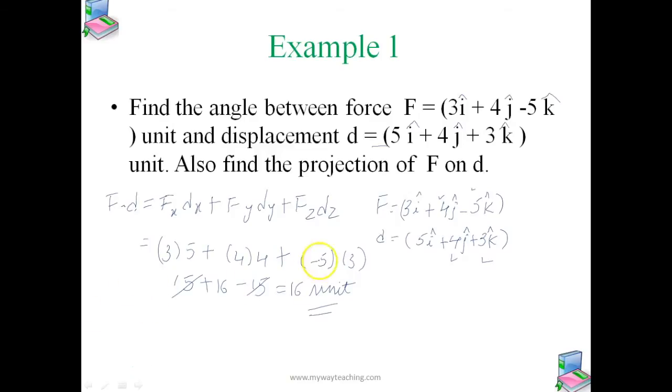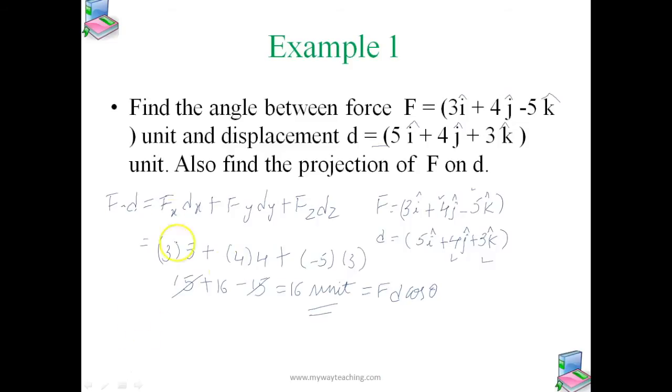So F.D is equal to 16 units. That is nothing but F D cos theta. Now let us consider F dot F and D dot D to find cos theta, because in this equation we got F D cos theta is 16 units.